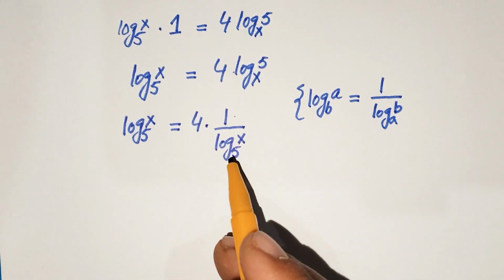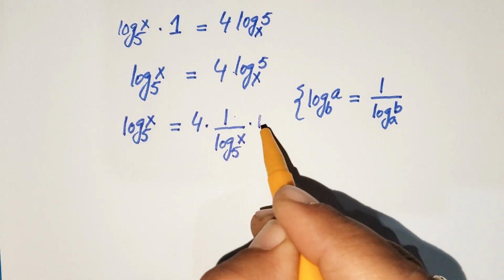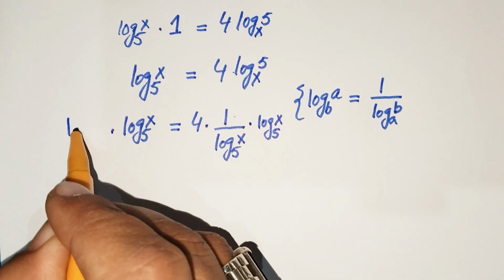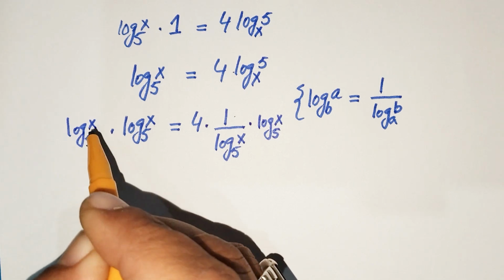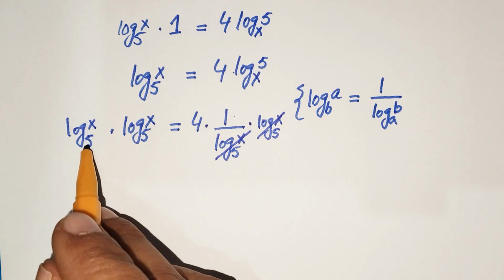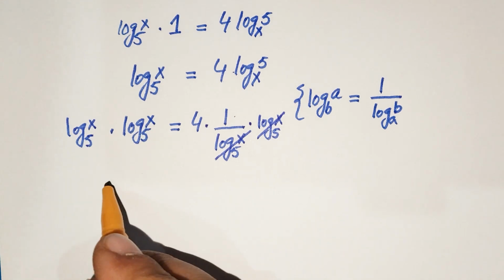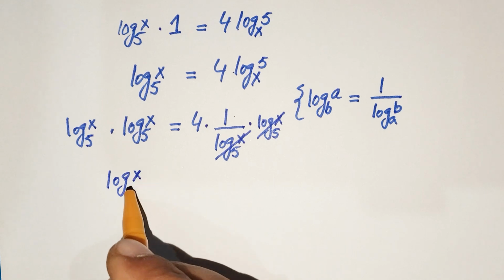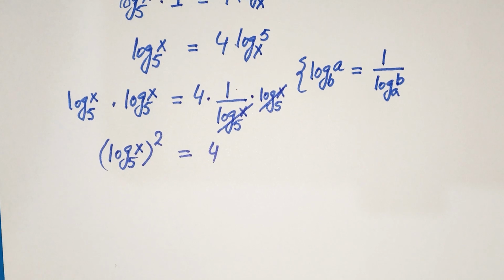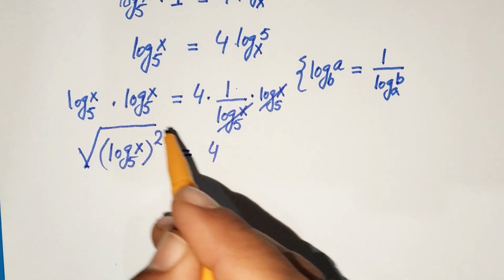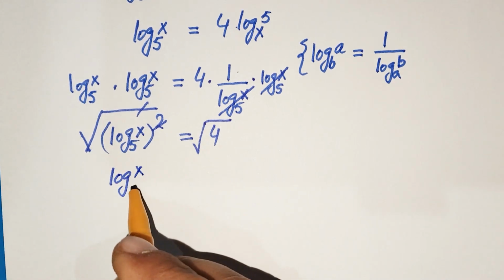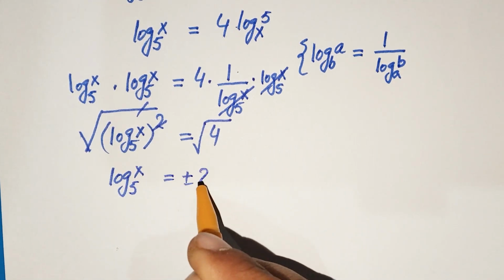So now multiplying both sides by log x with base 5, it will be cancelled here. So log x with base 5 times log x with base 5 will be equal to log x with base 5 whole square, which is equal to 4. So now taking the square root at both sides, log x with base 5 is equal to plus minus 2.